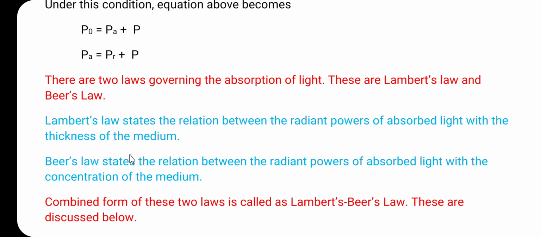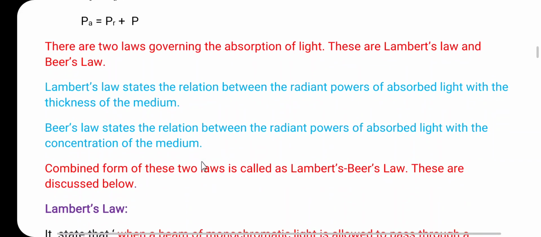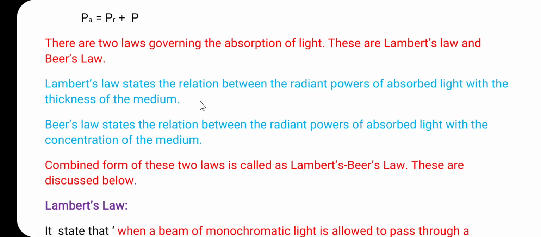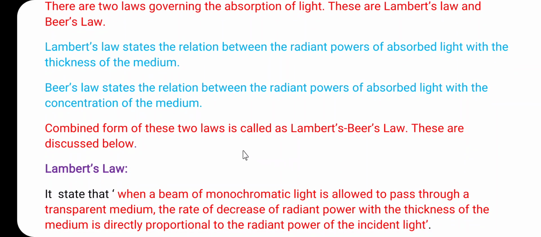Beer's law gives the relation between the radiant power of the absorbed light and the concentration of the medium. When we combine Lambert's and Beer's law, the combined form is called the Lambert-Beer law, and these are discussed below.